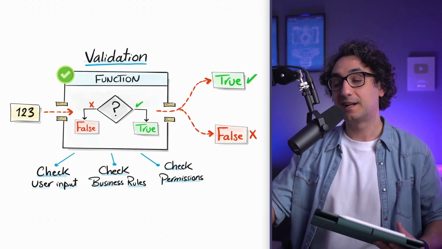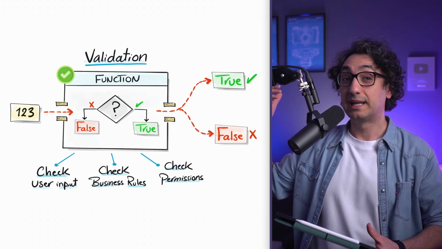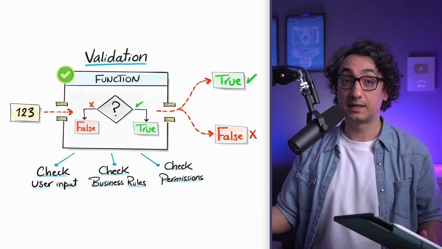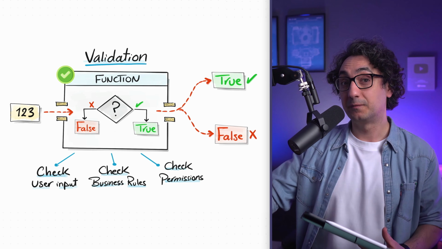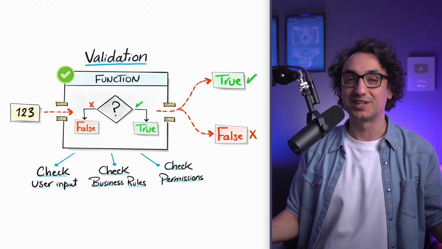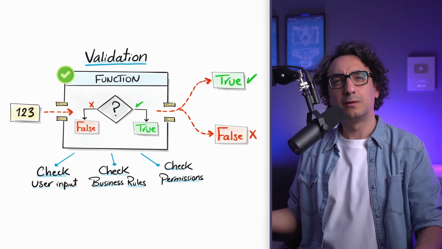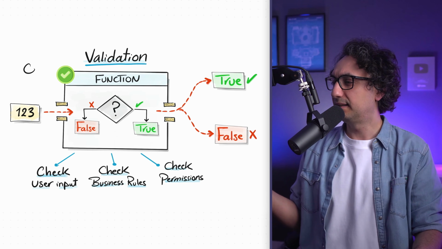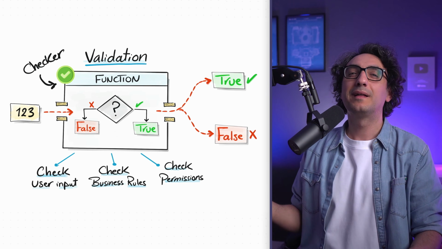And as a data engineer, as you build your data pipeline, you're going to write a lot of validation functions to protect the data before inserting it. So this is something really important and we use it a lot in real projects. Now, about the names, basically we call them validation functions, but you might hear of maybe a checker function, but they are all the same.